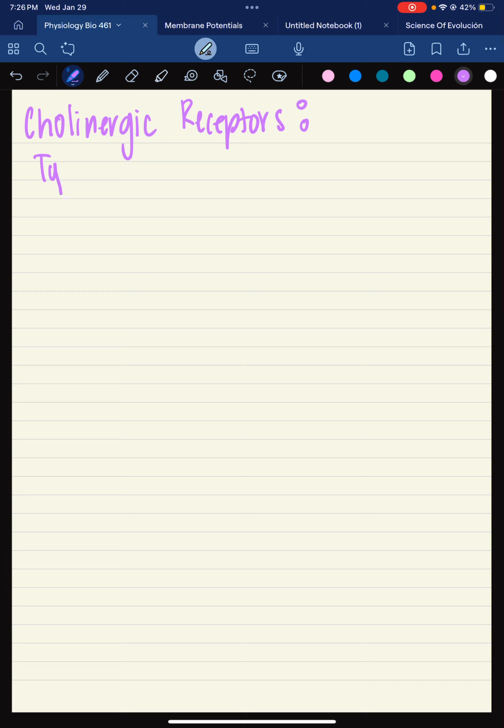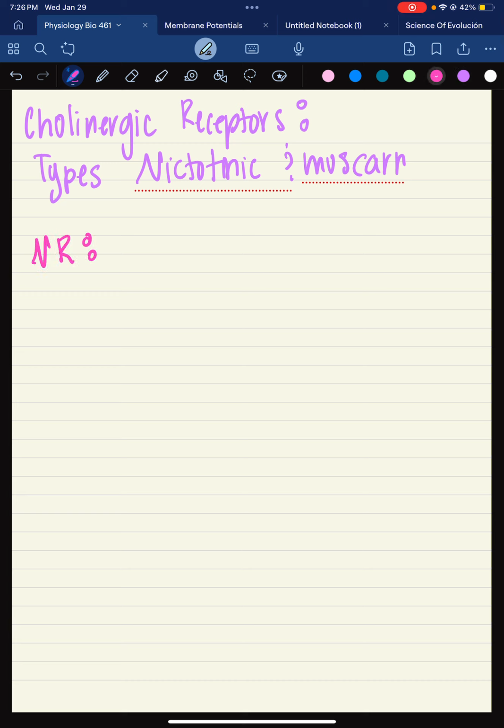So types, we have nicotinic and muscarinic. The nicotinic receptors are found in the postganglionic neurons of both sympathetic and parasympathetic systems, and in the neuromuscular junction.